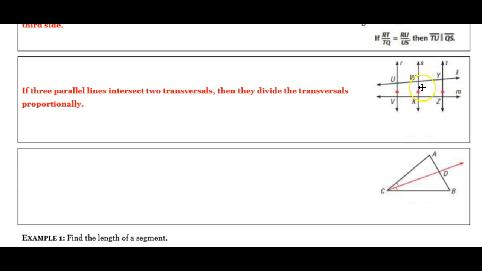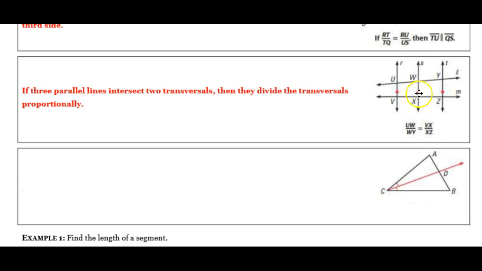So these parallel lines have created proportional segments of these transversals. That means that the proportion of UW to WY is the same as VX to XZ.